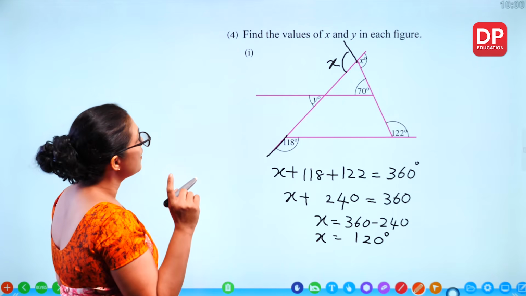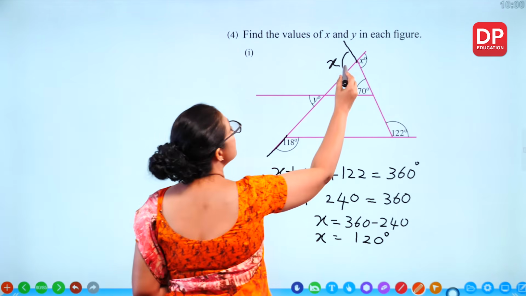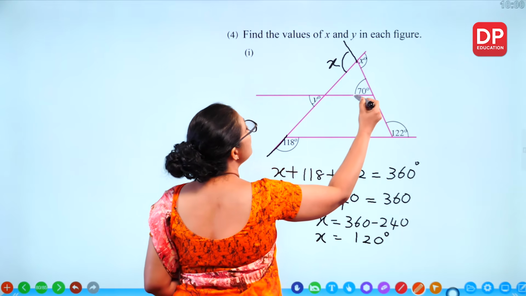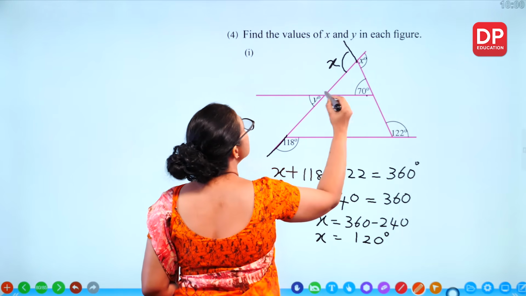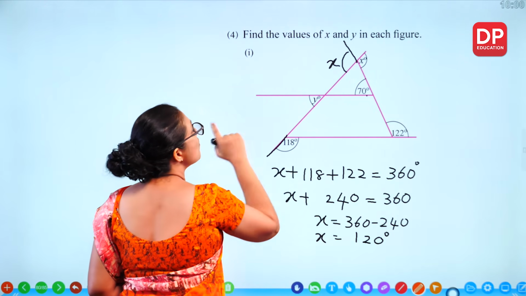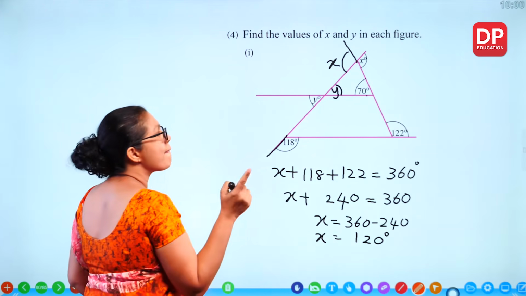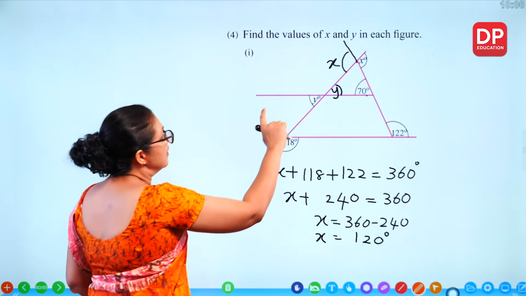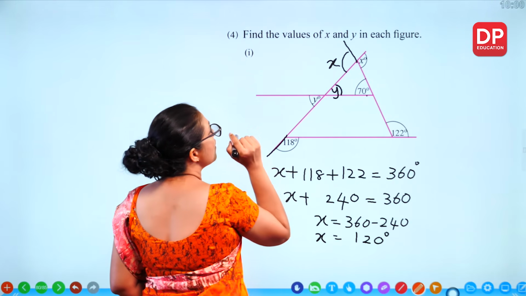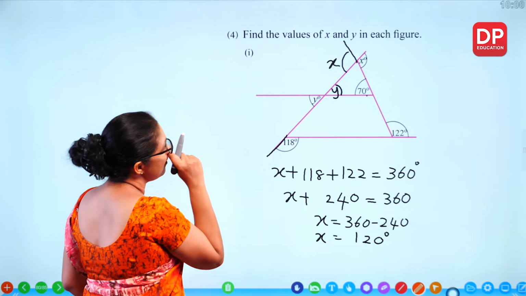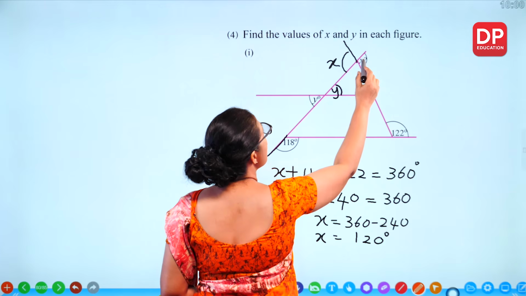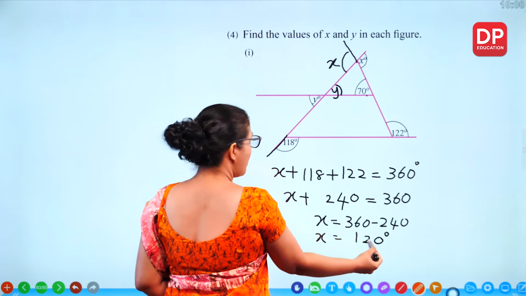Now how can we find out Y? Look at this triangle, the small triangle. When you extend this line, here you get Y angle. That's not an exterior angle. So this is Y, opposite interior. Vertically opposite angles are equal. Now, if this is X, we found 120.